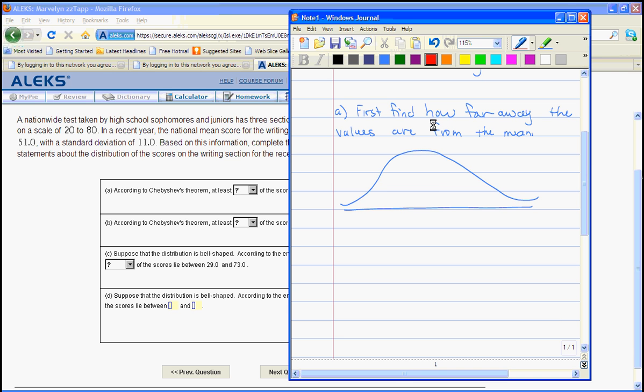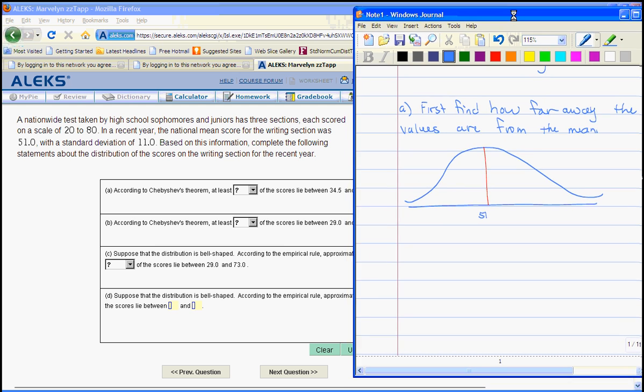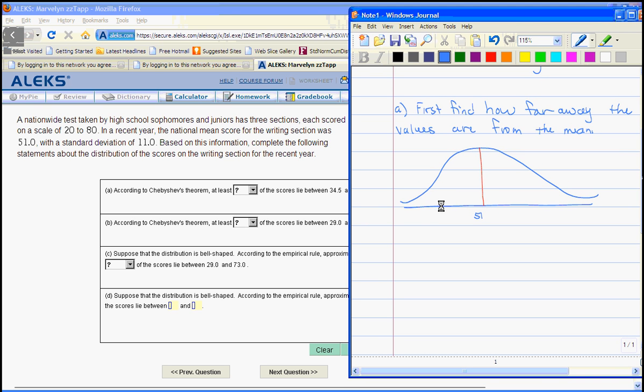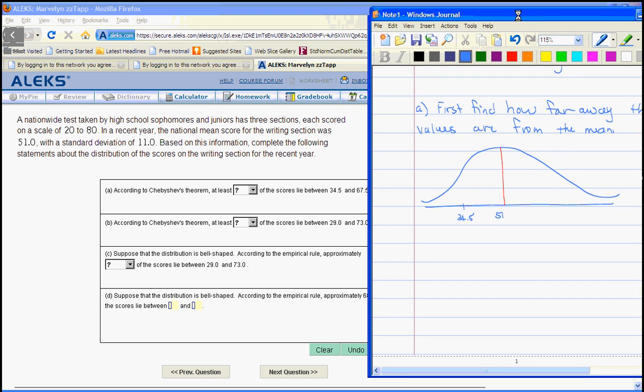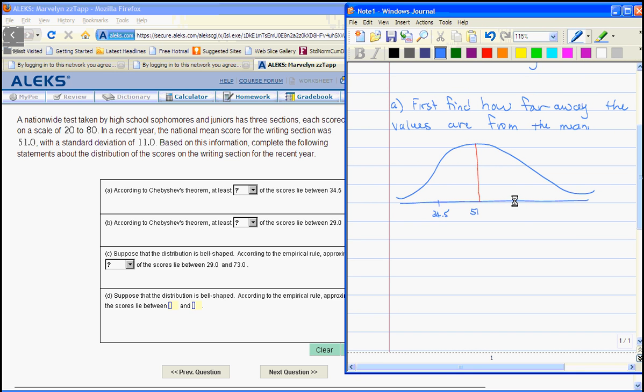And if our mean is here, our mean of 51, and what they're asking us is between 34.5, so somewhere over here, and 67.5, so somewhere over here. Between those two values, how much of our total value is captured in between those values?